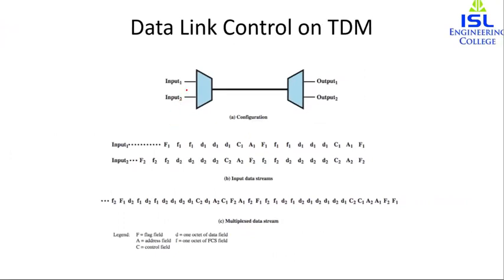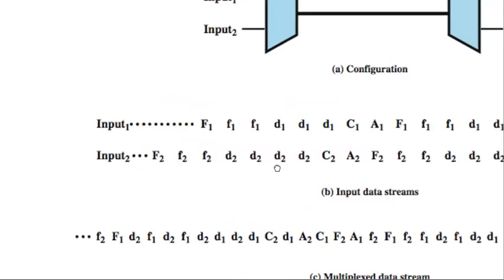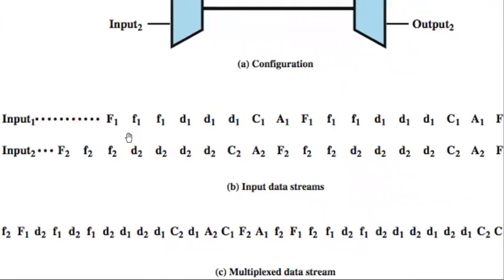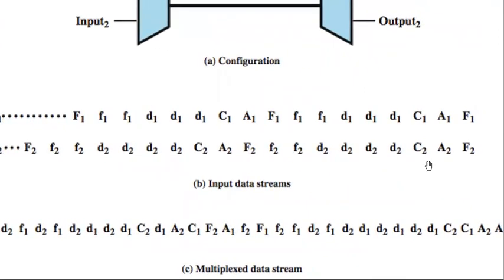Over here, we are giving multiple inputs, sending them over a transmission line, and receiving multiple outputs. Each of these frames, one after the other, is sent through a channel, and when the input is being sent, each of them is divided.